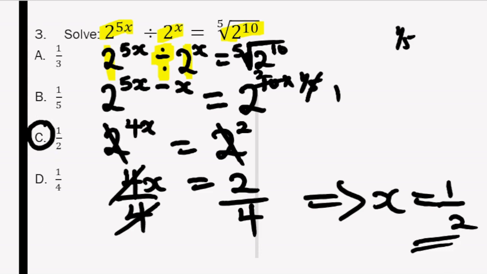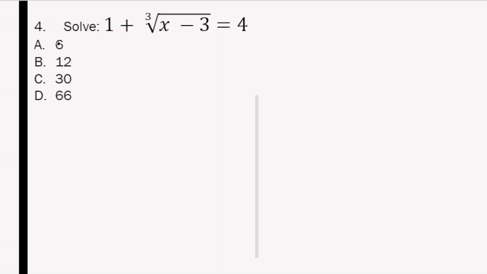Now let's move to question number 4. For question number 4, we have: solve 1 plus cube root of x minus 3 equal to 4. So the first thing I have to do here is to collect like terms. Of course, this is a number and this is a number. So I'm going to bring them together.